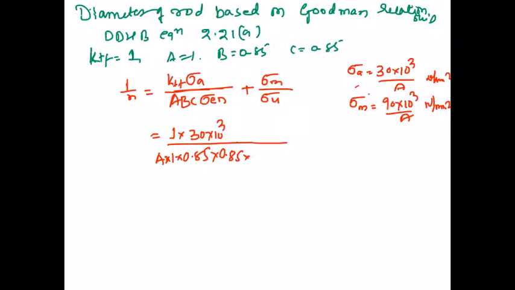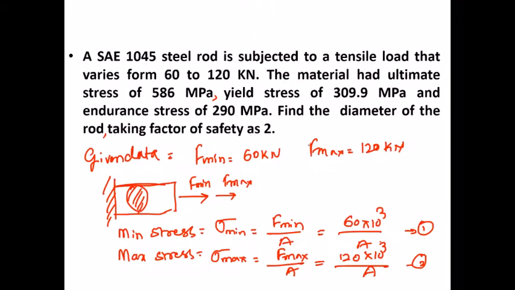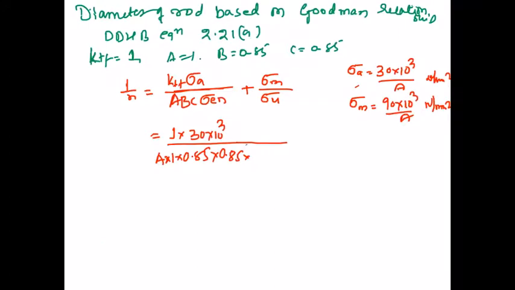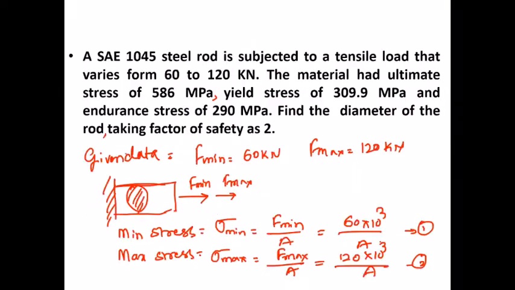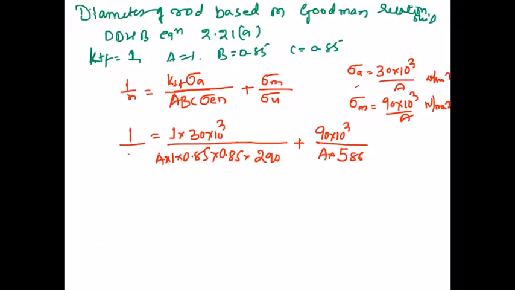A means area, not a constant. Sigma En is 290. Sigma m is 90 into 10 to the power of 3 divided by A. Ultimate stress is 586 megapascal. The factor of safety N is given as 2.